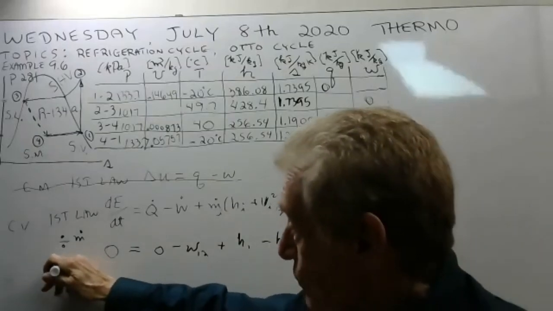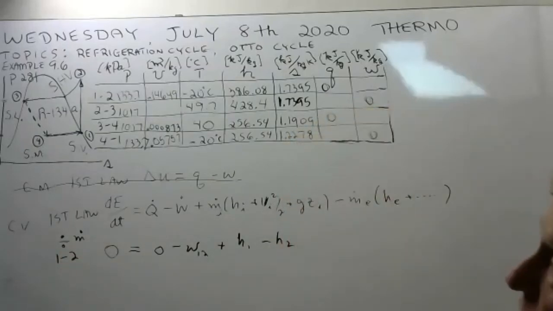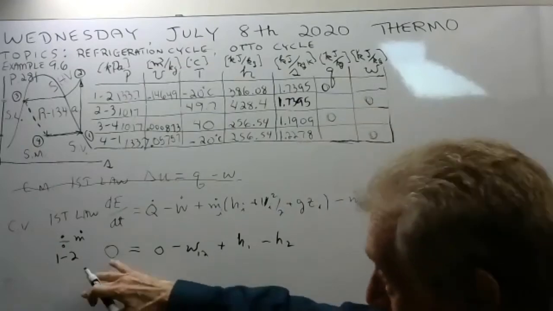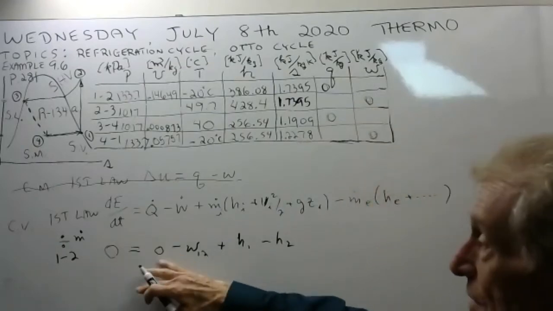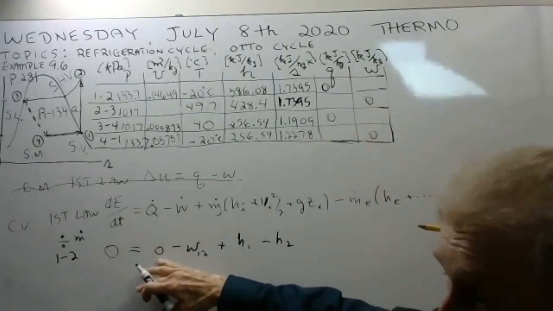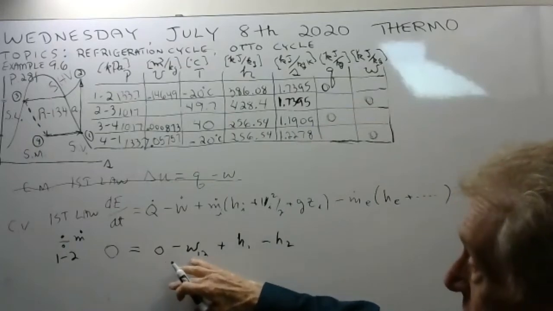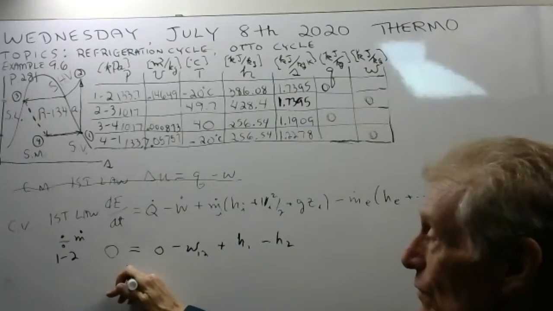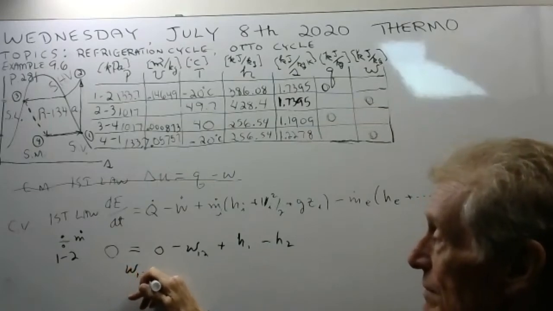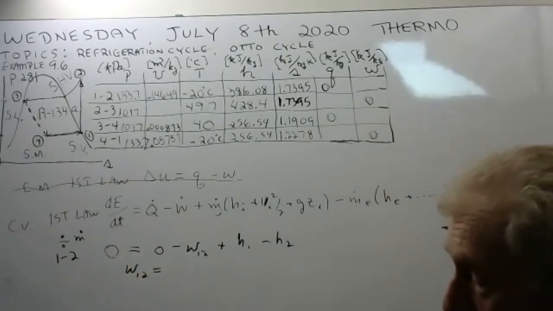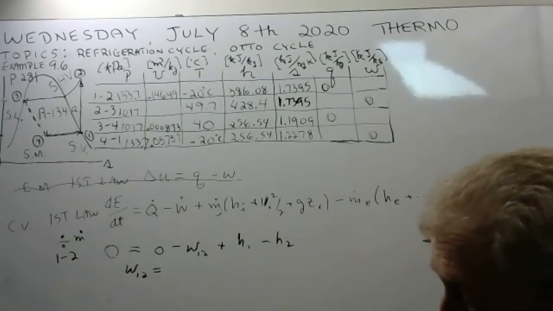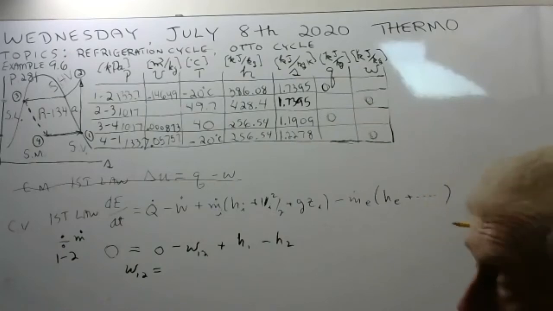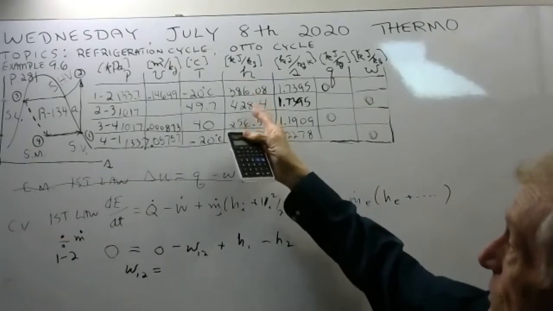For process 1 to 2, for the compressor, it's steady state. It's adiabatic. Compressors are adiabatic. Hey, we can get the work per mass. It's just h1 minus h2. All right. Well, let me do that. Here we go. Look, we got h1.